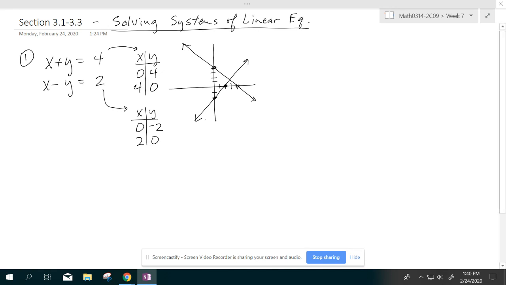You can't do it quickly and not accurate. It's got to be really accurate to get the point of intersection. All right, so there's where they intersect. Can you tell me what that point is as an ordered pair? (3, 1).